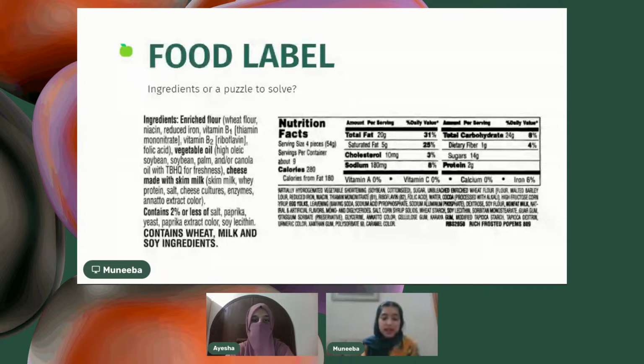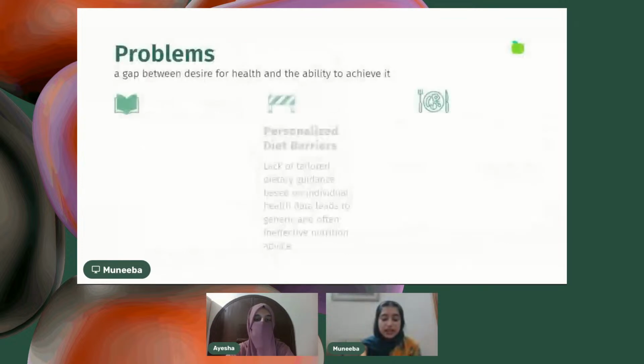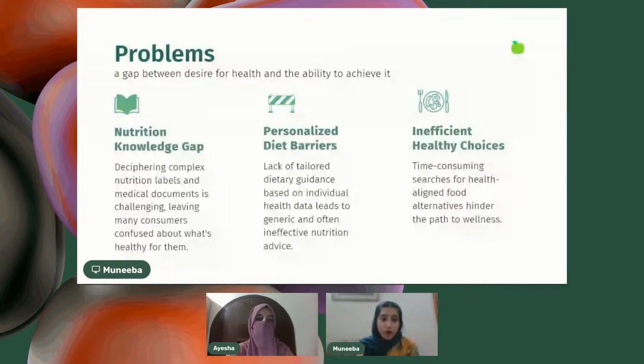You either have to search each individual ingredient, and it's just a hassle. So that's where we thought of the problem, where there is a lot of nutritional knowledge, but there's this huge gap to reach that personalized information. And the knowledge online is usually very general. You can't really get your personalized information. And that all leads to inefficient healthy choices.